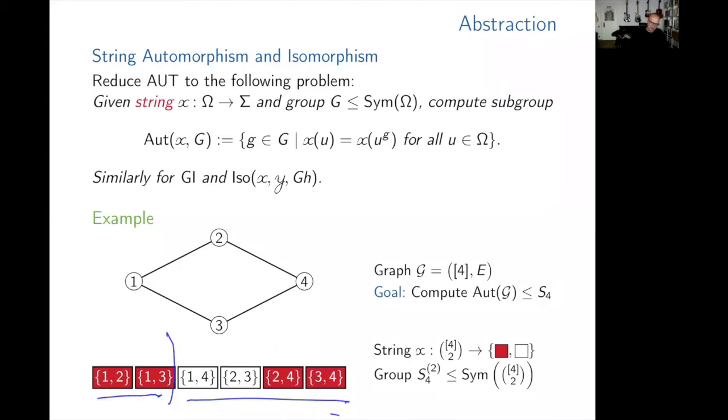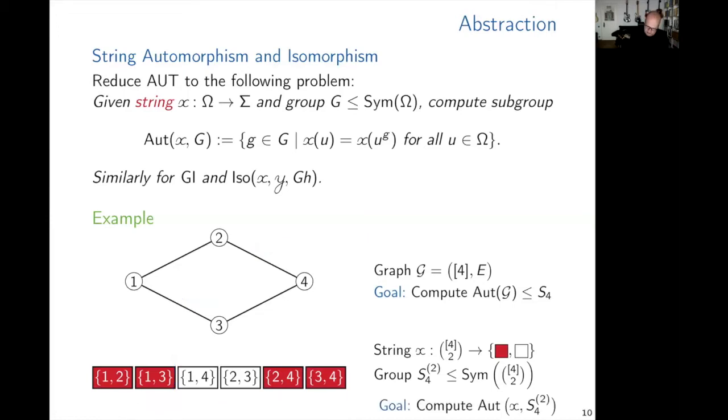Whereas if we split a graph, maybe like this, we have these edges across the cut that indicate dependencies between the two parts, so we cannot look at the two parts independently. In the string isomorphism, all the dependencies between the two parts are encoded in the group. That's another reason why it's easier to work with this.